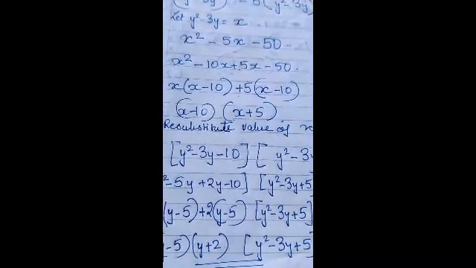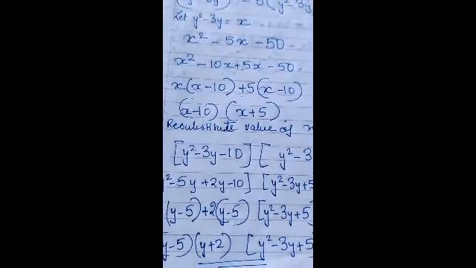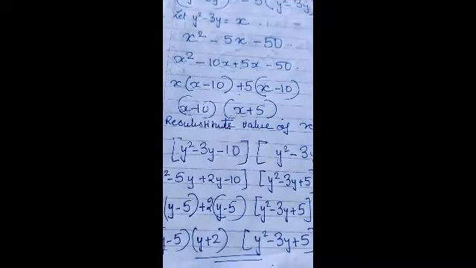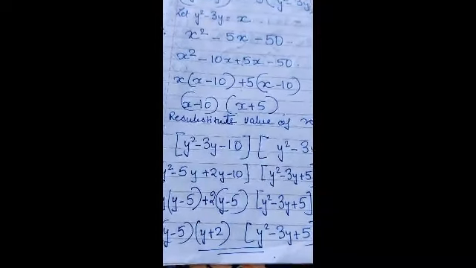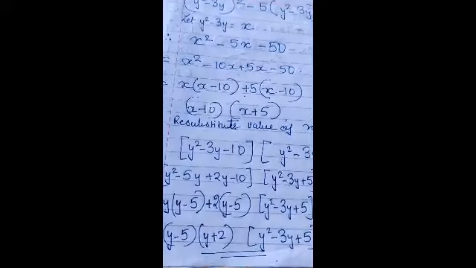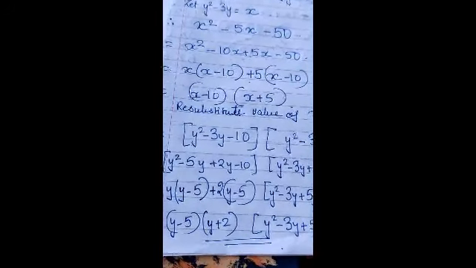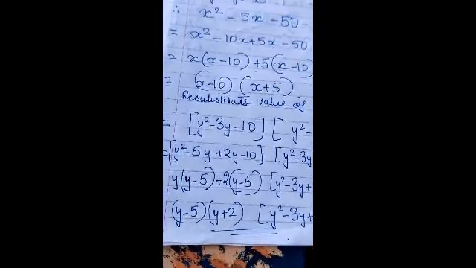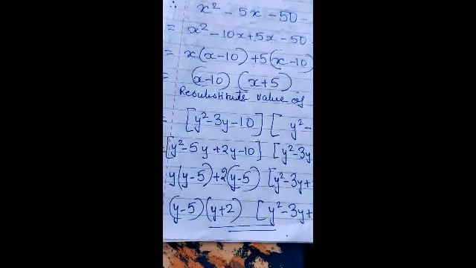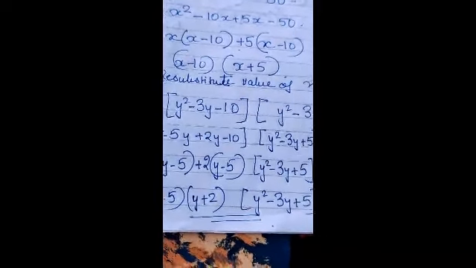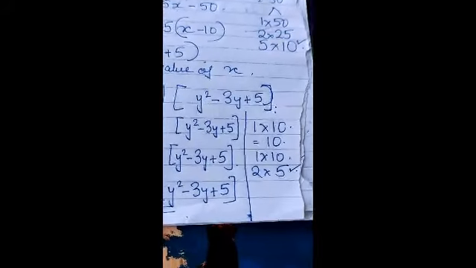That's why our two factors will be x minus 10 and x plus 5. Now we resubstitute the value of x. Our original value of x was y square minus 3y. So we'll use it in this particular factor instead of x.